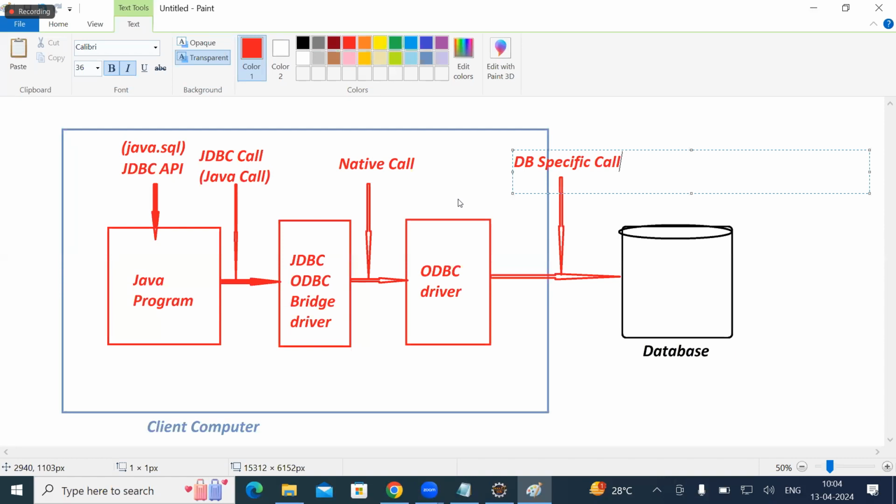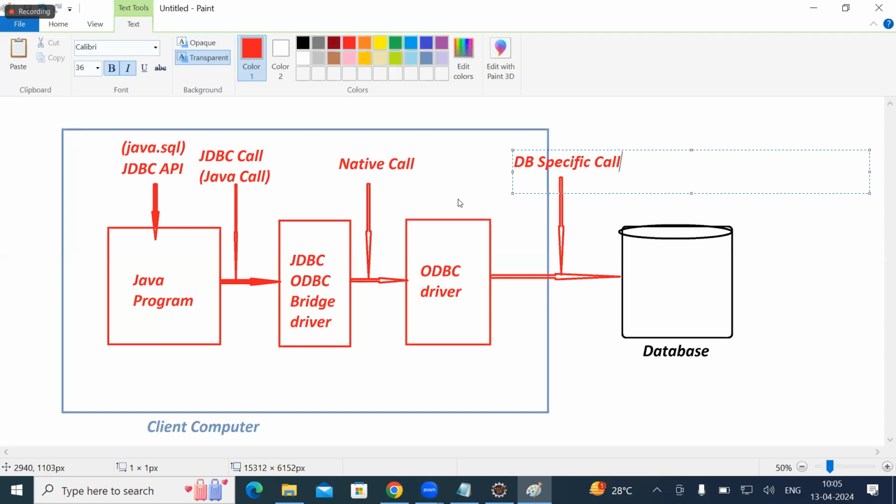Because of this reason, this type 1 driver was officially removed from your JDK from 2014 onwards. From Java 8 onwards, type 1 driver is officially not available. Up to Java 7, the support is available.